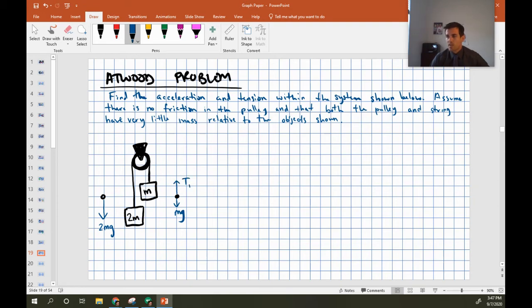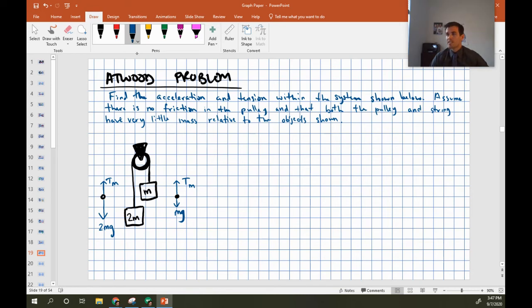There's my tension on the m. And I need something here that allows it to be moving downwards. So I did these both at 1.5 because that means that this one has a net upwards force and this one has a net downwards force, just like we predicted. So there's my free body diagrams.